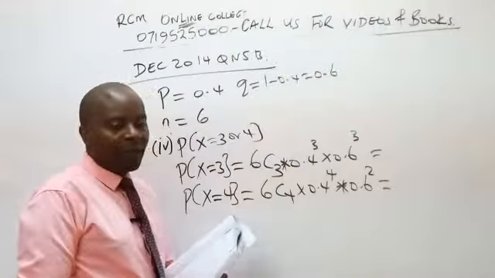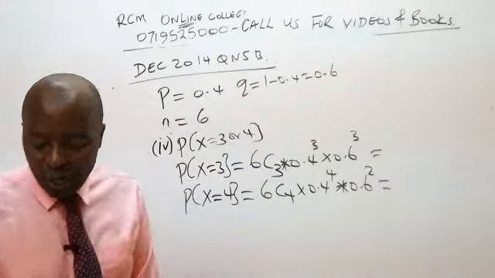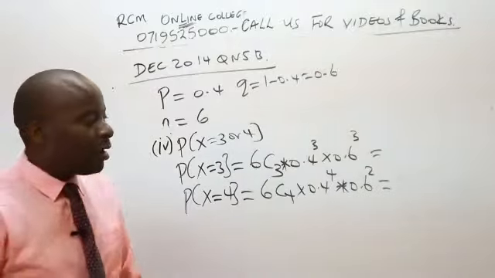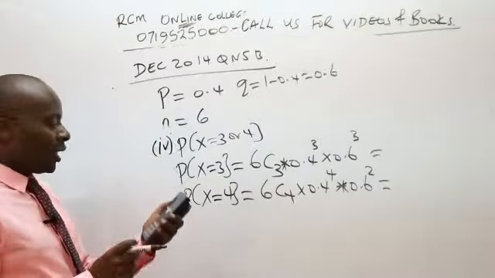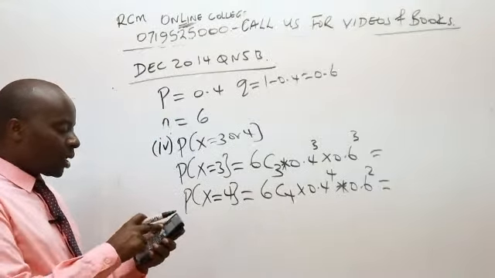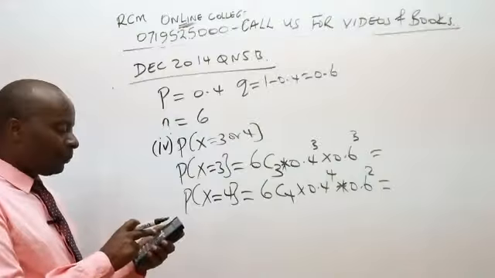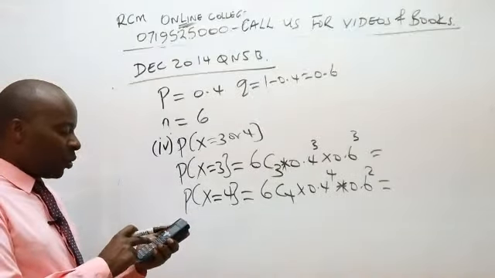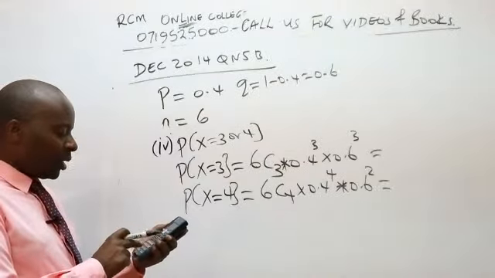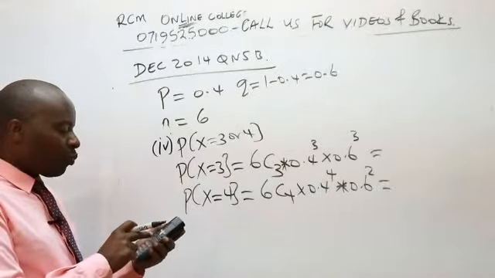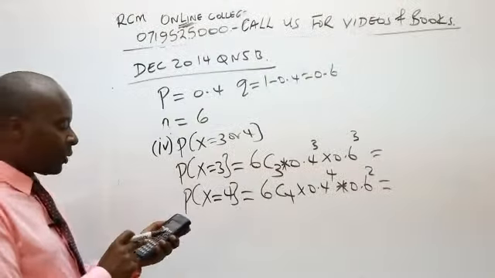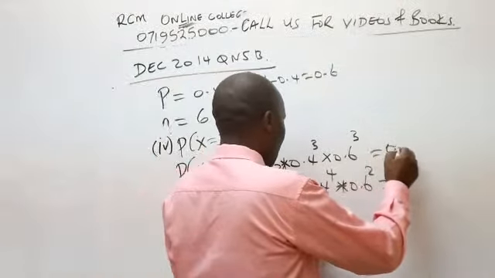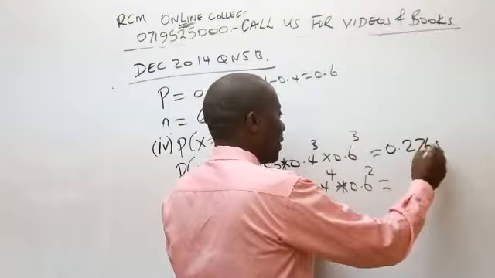So what you'll need to do right away is have your calculator and evaluate this. So this will be 6 combinations 3 times 0.4 raised to power 3 times 0.6 raised to power 3, which gives me 0.2765.